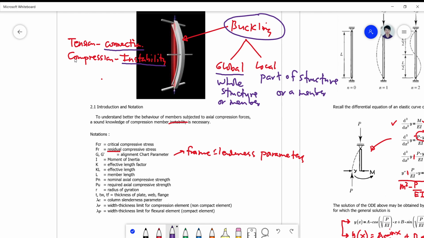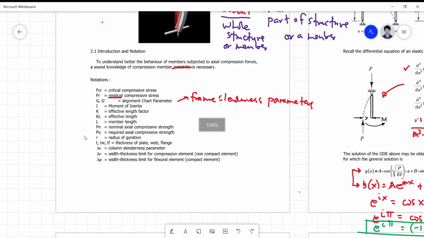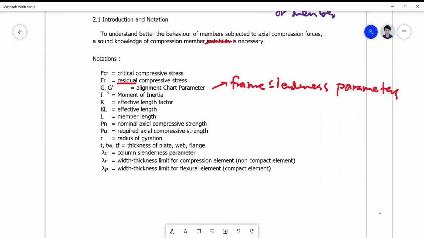So for the terms and vocabularies in terms of the notations, we will be using the following. The first, of course, are stresses, critical and residual. The third one is actually a frame slenderness parameter.